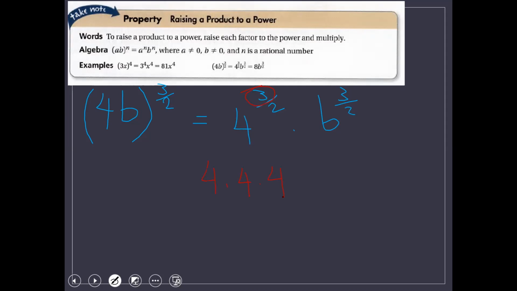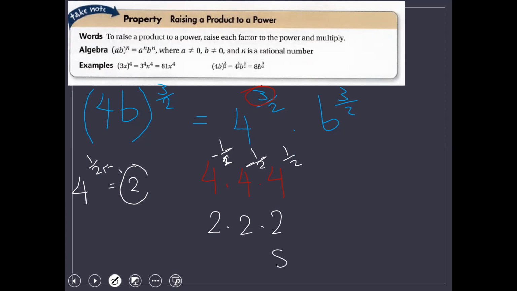If I wanted to write 3 over 2 as 3 fractions, as we said before, it will be 1 over 2 times 1 over 2 times 1 over 2. And 4 to the power 1 over 2: what number, if raised to the power 2, gives 4? It is 2. So 2 times 2 times 2 is 8, times b raised to the power 3 over 2.